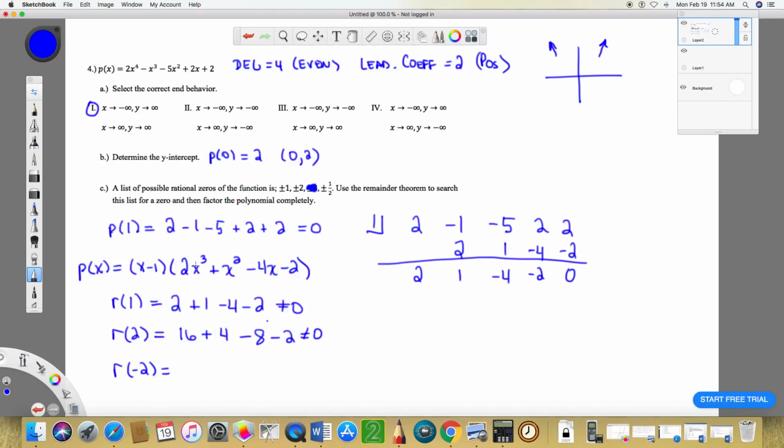If I plug in negative 2, that'd be negative 8. So this would be negative 16 plus 4 plus 8 minus 2. And that's not 0 either.